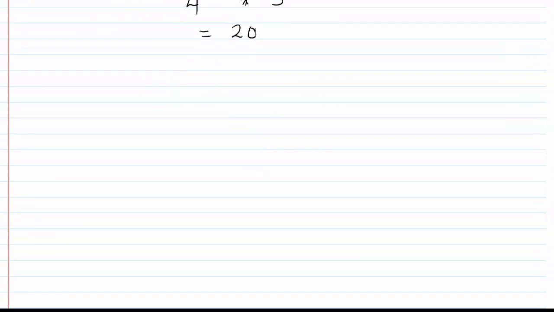Now, the same rules as mentioned before apply here also.